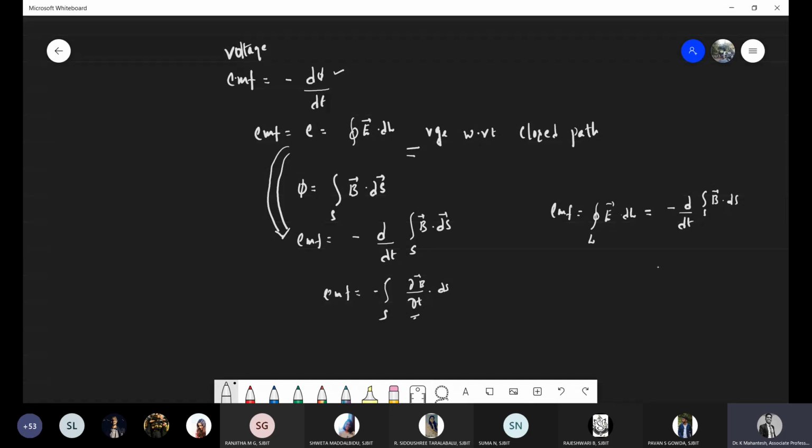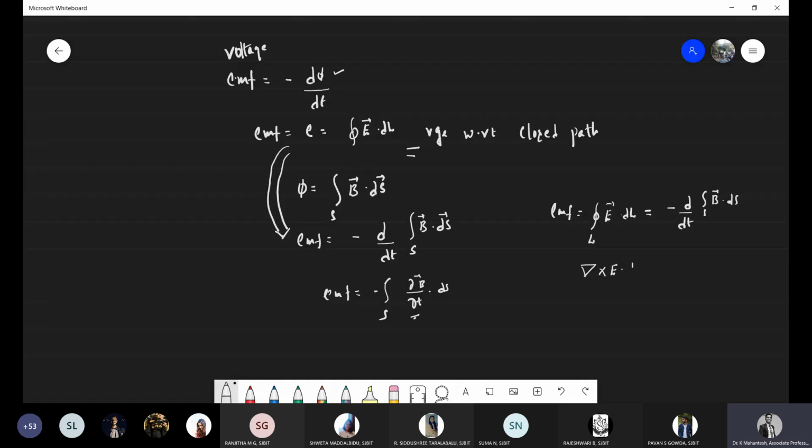Just concentrate here. I'll just try to conclude this EMF equation due to Lenz's law, which will lead to one of Maxwell's four equations. How to convert the line integral to a surface integral? Just take the curl of that vector.